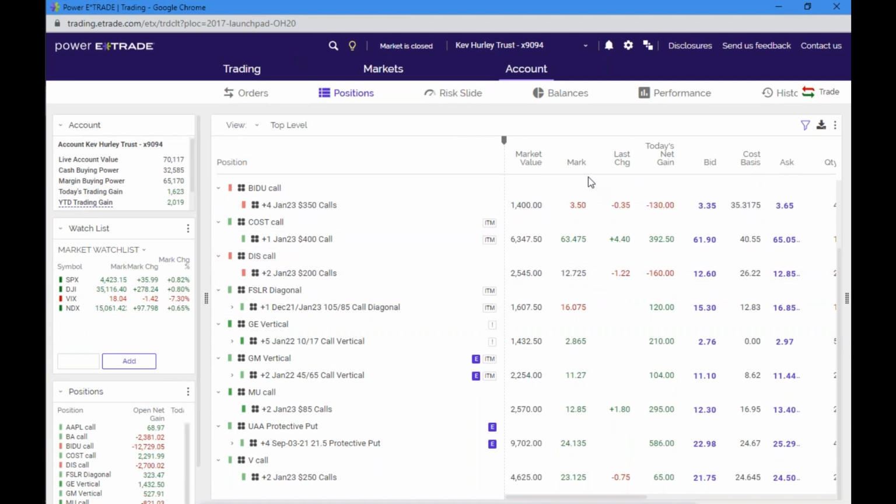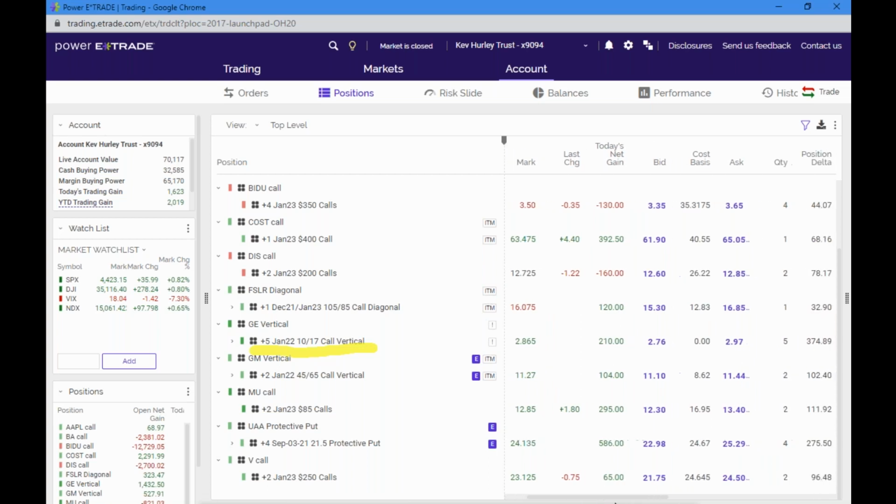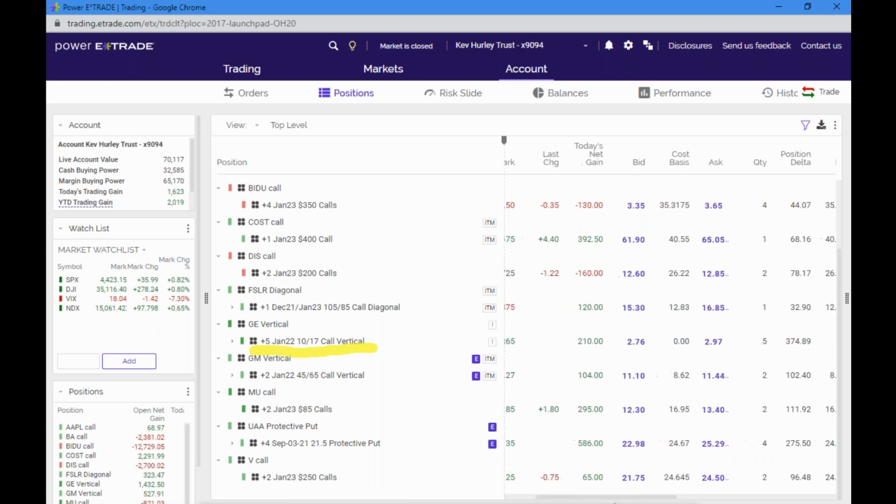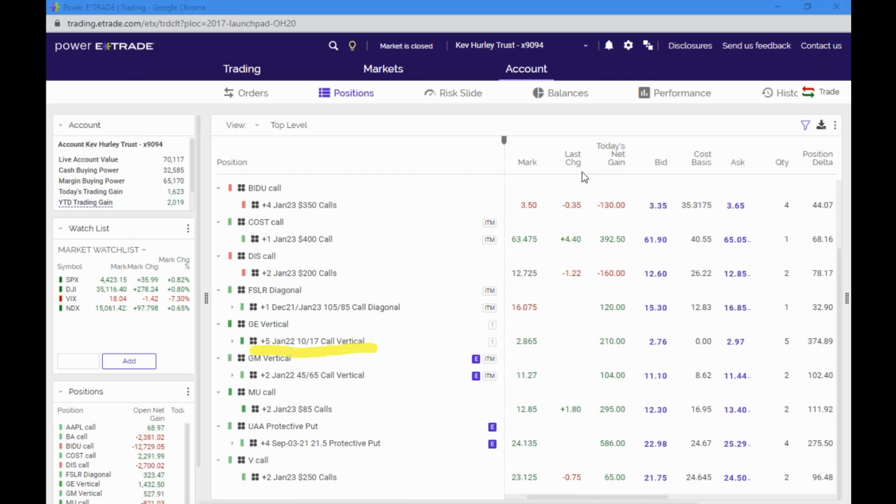As I was taking a look at my account, when I went to GE, I sold off half. They have non-adjusted options right now. They might make these adjustments, or maybe it's time for me just to take some profits. My cost basis that I know is down at $2.02.